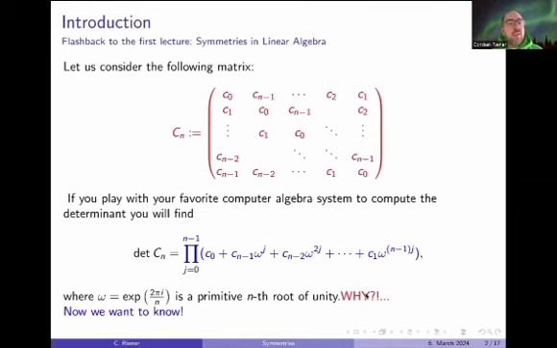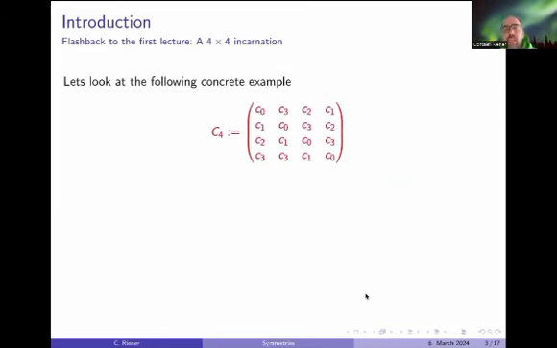Coming to the two persons at least in the audience who have a computer, I would really like to do a concrete example. The concrete example that we will look at now is when we have a 4 times 4 matrix.